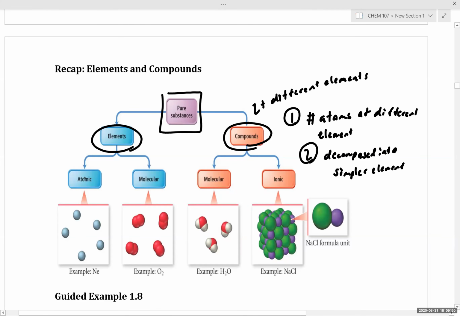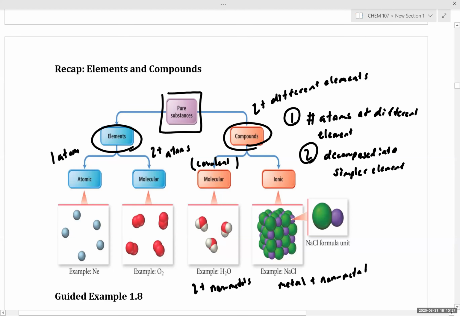Elements are then split into atomic or molecular elements. For molecular elements, we have two or more atoms. For atomic elements, we just have one atom as part of its formula. Compounds can be either molecular, in other words, covalent, or ionic, and the key deciding factor is that molecular compounds have two or more nonmetals, while ionic compounds contain a metal plus a nonmetal.